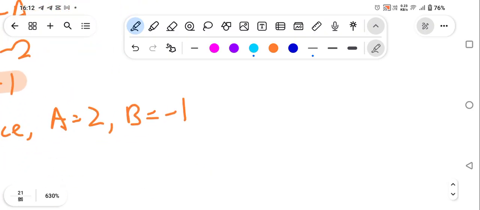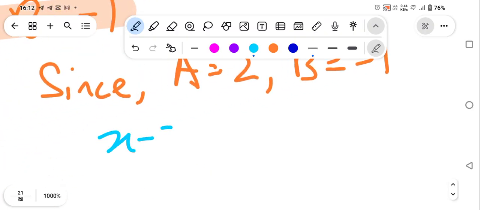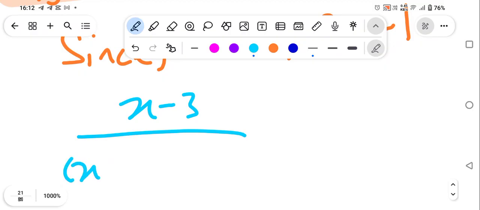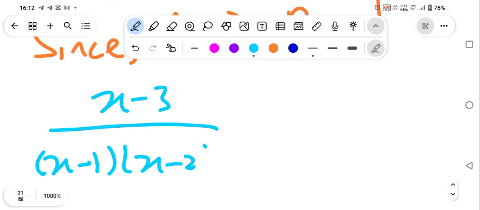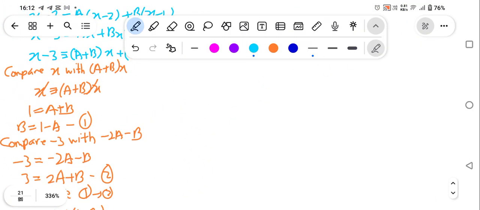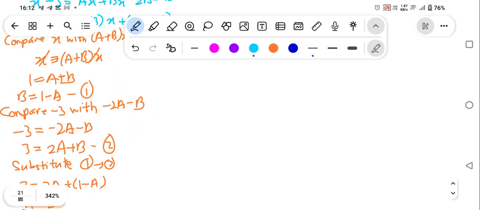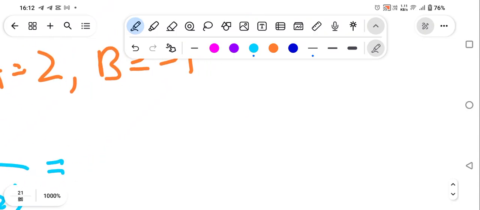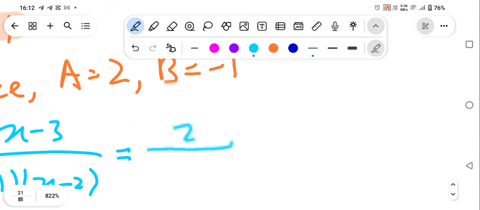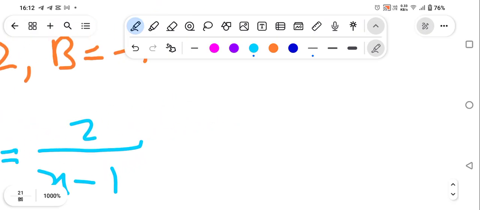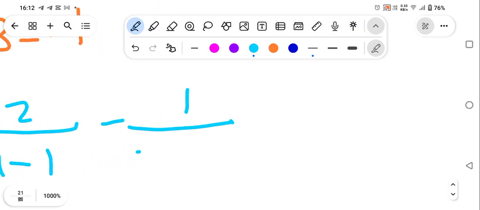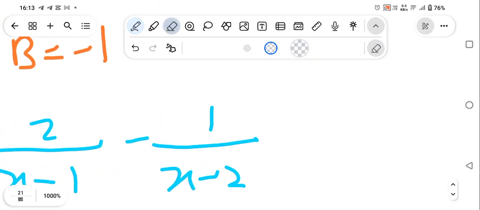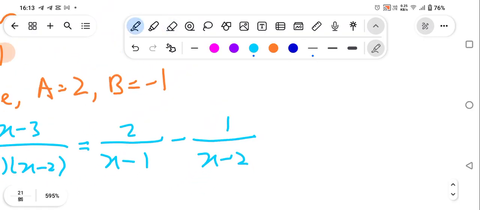We can finally know that x minus 3 over x minus 1 times x minus 2 will finally equal 2 over x minus 1 minus 1 over x minus 2, which is perfect.